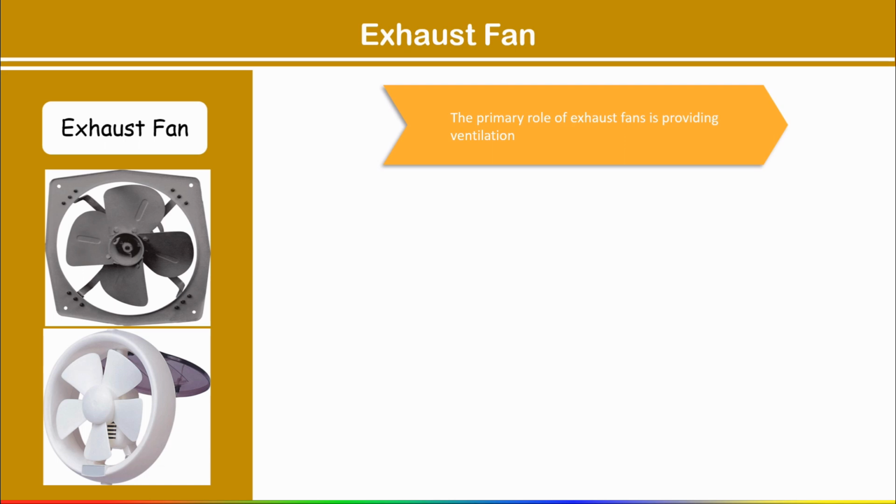Ventilation is an important phenomenon. It is the movement of air into, through and out of an area, room or building. In simple language, you can say providing outside air inside and inside air outside to improve indoor air quality is called ventilation. So the primary role of exhaust fan is providing ventilation.